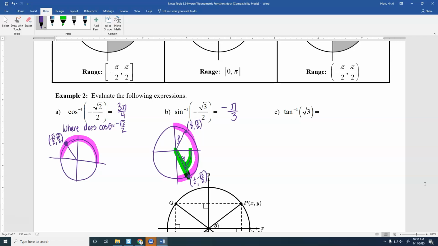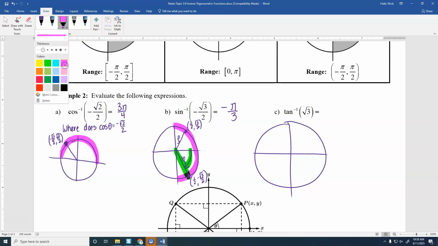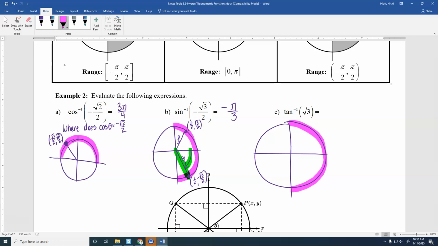All right, so let's look at tangent, because tangent is harder, because tangent values are not on the unit circle. For tangent, just like with sine, I only want to look in the first and fourth quadrant, because this would be negative pi over 2 all the way up here to positive pi over 2.